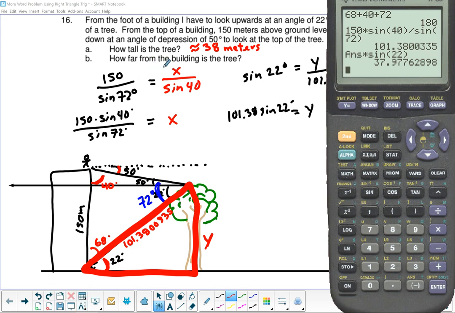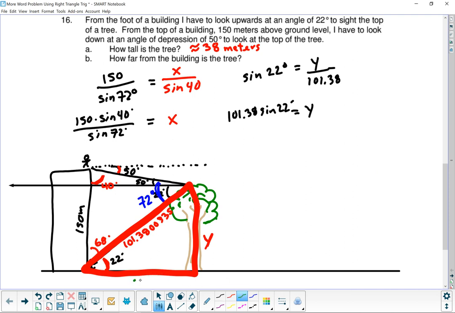Another thing is, how far is the building from the tree? Let's call this W. Again, that's adjacent and hypotenuse, where adjacent is W, so we'll use the cosine.